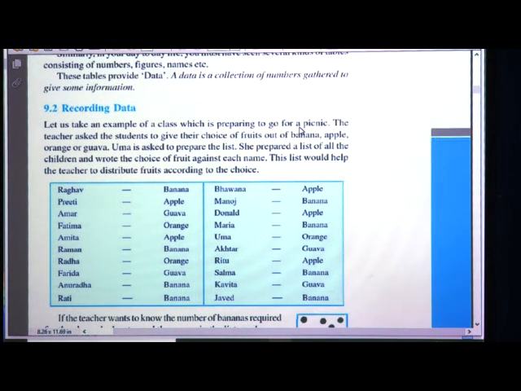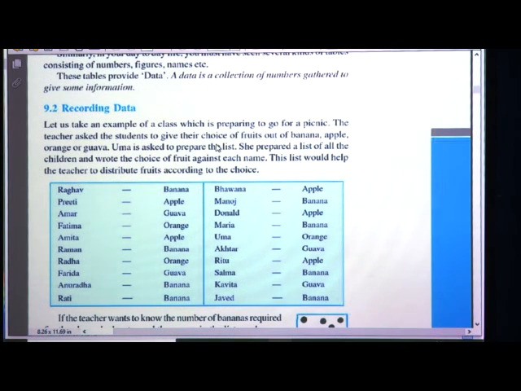Okay? So there are a few fruits and the teacher is asking them to choose whichever fruits they like and tell the teacher. Okay, what are the fruits here? Banana, apple, orange or guava. Okay, out of these the teacher told them to choose the fruits.